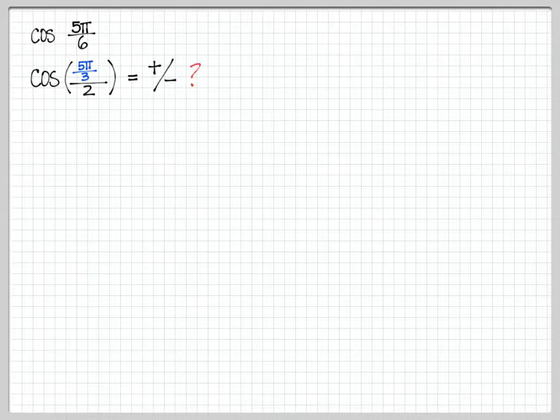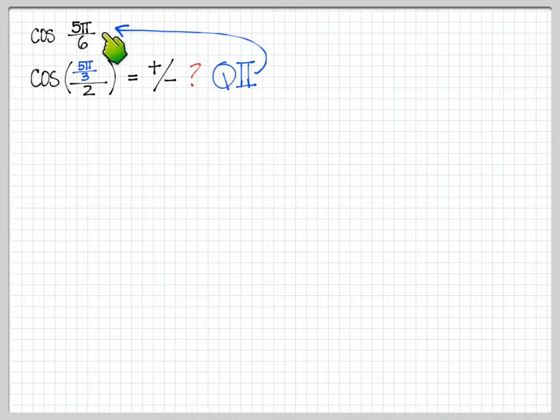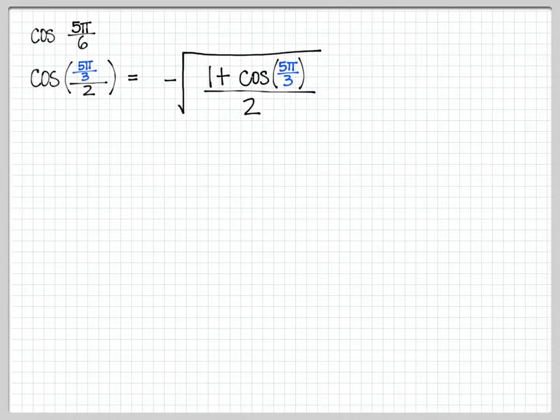Cosine of 5 pi over 6. Well, that's the same thing as 5 pi over 3 divided by 2. And you have to think about your fraction work for this. Again, we have to think about, is it going to be positive or negative? Well, 5 pi over 6 is in quadrant 2, and cosine is negative in quadrant 2. So this problem is going to be a negative square root.